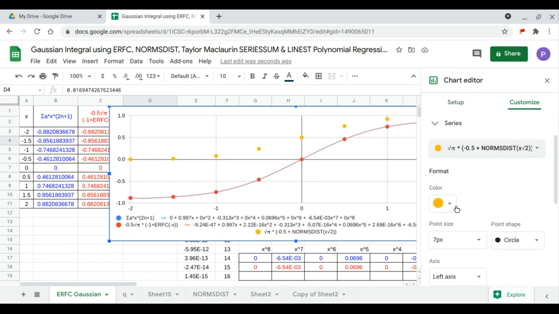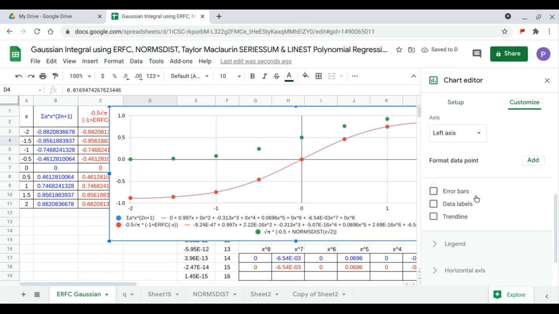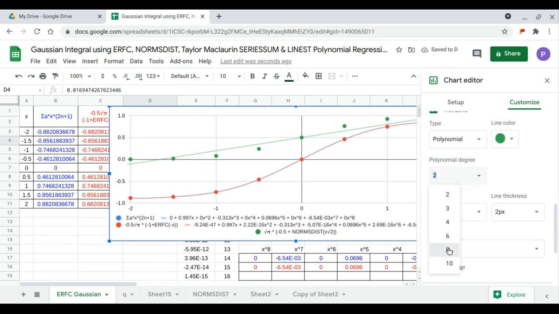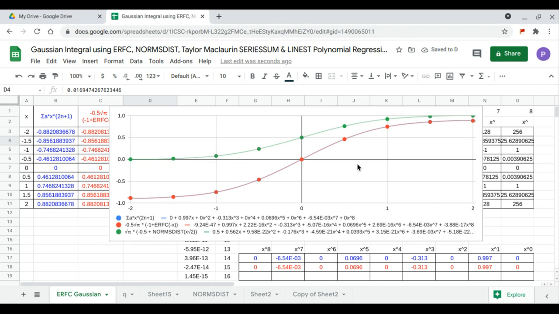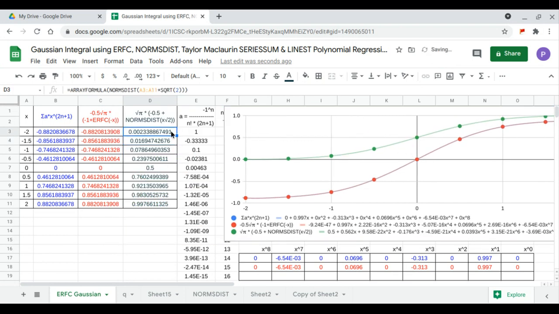We change this to green and show the equation as labeled. Polynomial to the 8th degree. And show this as labeled. So we have the trend line of the NORMSDIST. Let's modify.